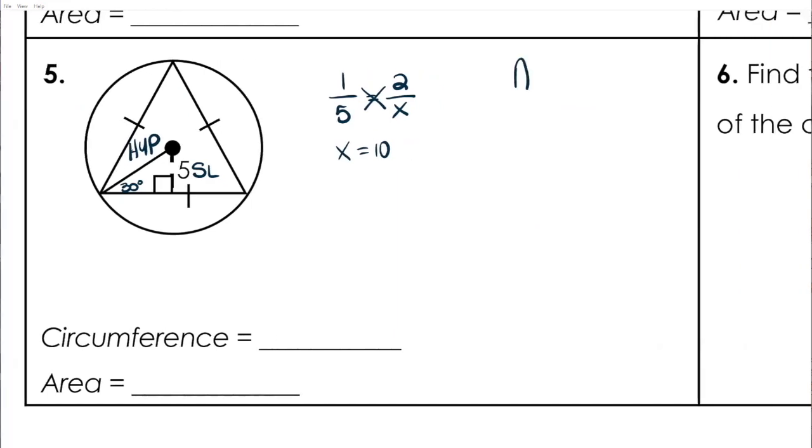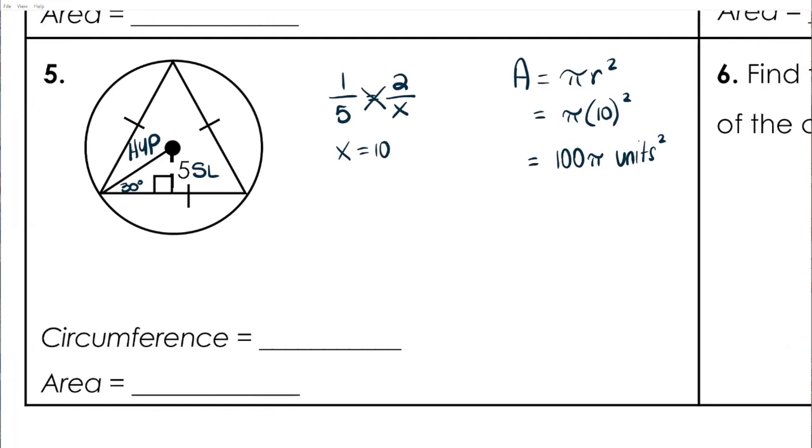So area is pi r squared. So area is pi times 10 squared. Area is 100 pi units squared. Keep your chemistry teachers happy. You want them on your side.